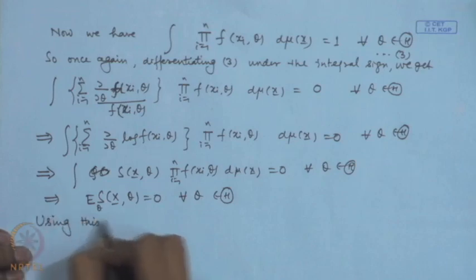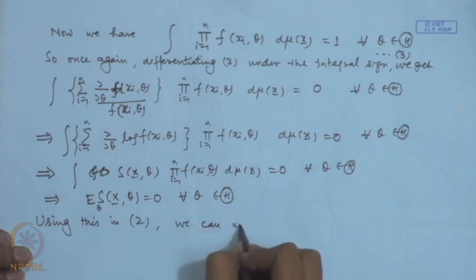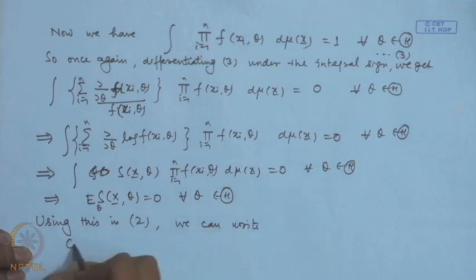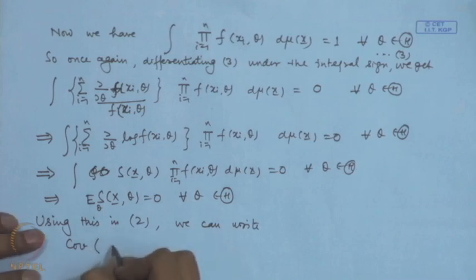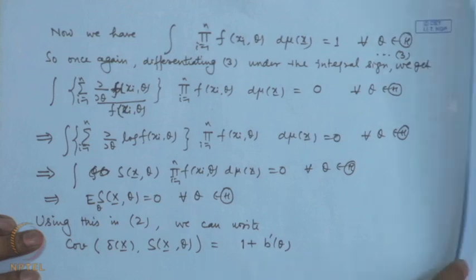So, we can say that using this in 2, the covariance between delta x and S x theta is equal to 1 plus b prime theta. Now, this relation we square it.